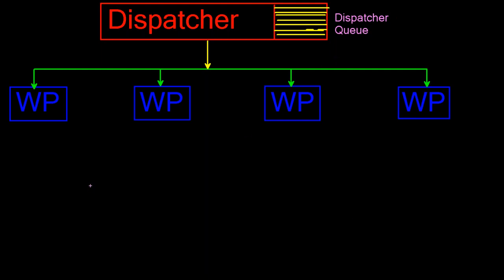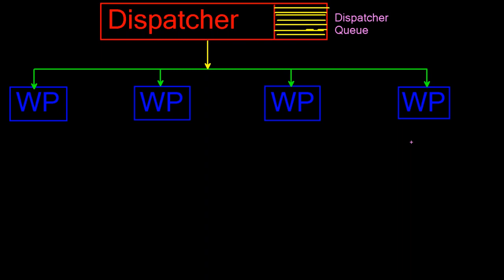Okay, so you observe here, the dispatcher has a number of work processes. We can't say this is a fixed number, because the work processes are decided by the system at the time of SAP installation based on the RAM size. Manually we can't assign or create the work processes.